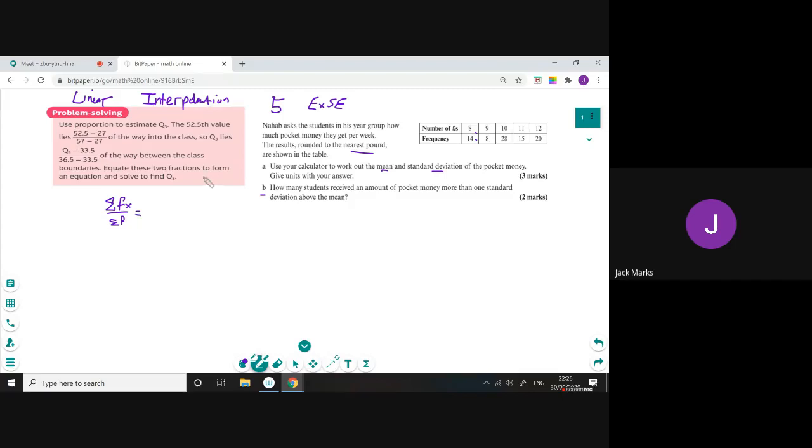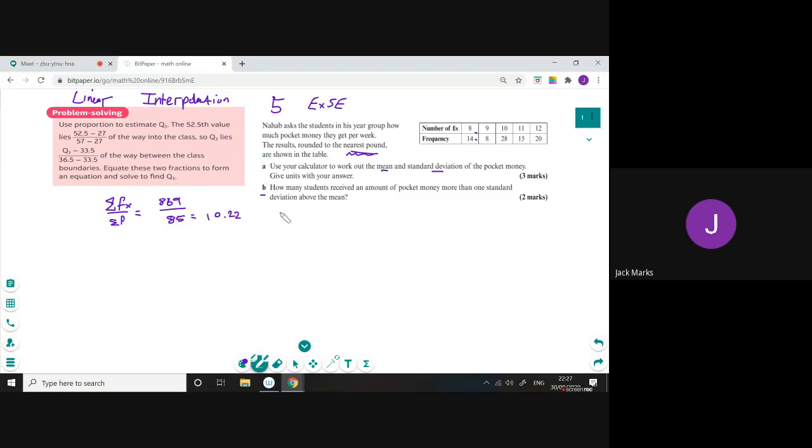If you do this, this should be 869 over 85, and you should then get your mean, which is 10.22. It's kind of an exact mean from the table, but the data itself was actually rounded, so it is an estimated mean of sorts.